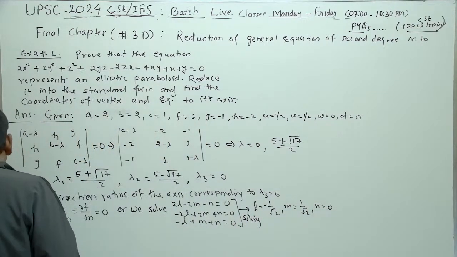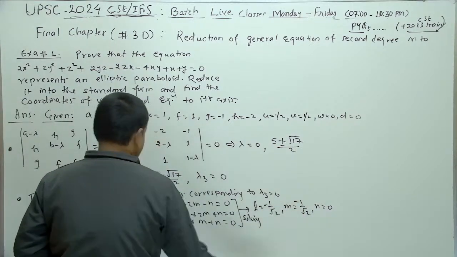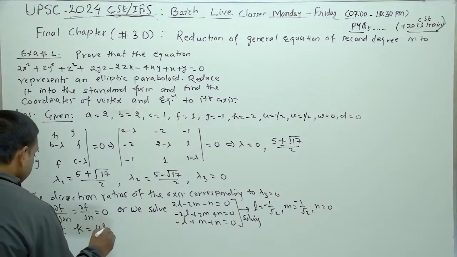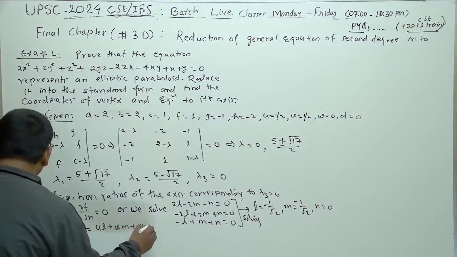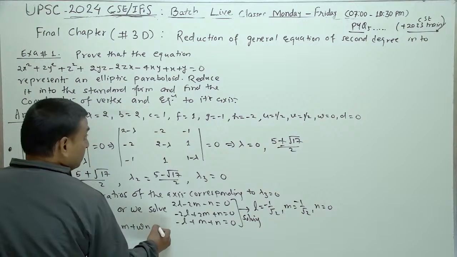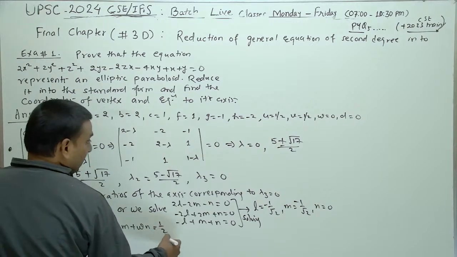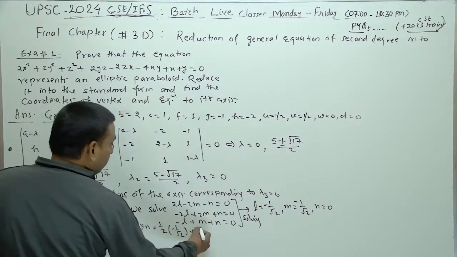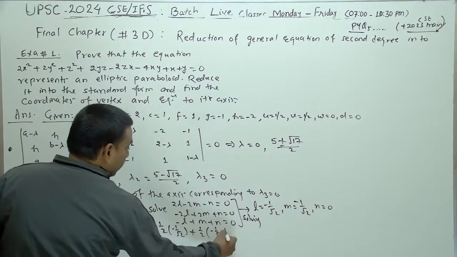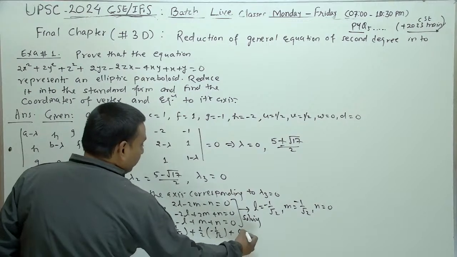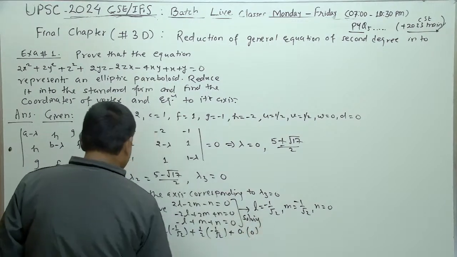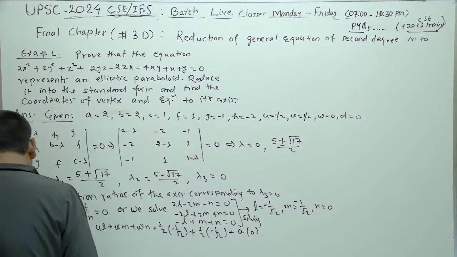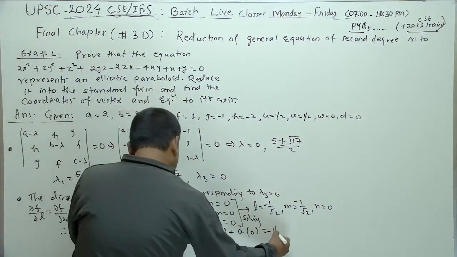Then small k equals ul plus vm plus wn. u is 1 by 2, l is minus 1 by root 2, plus v is 1 by 2, m is 1 by root 2, plus w is 0 into 0. So ul plus vm plus wn is 1 by 2 into minus 1 by root 2 plus 1 by 2 into 1 by root 2, and so we are getting k as minus 1 by root 2.